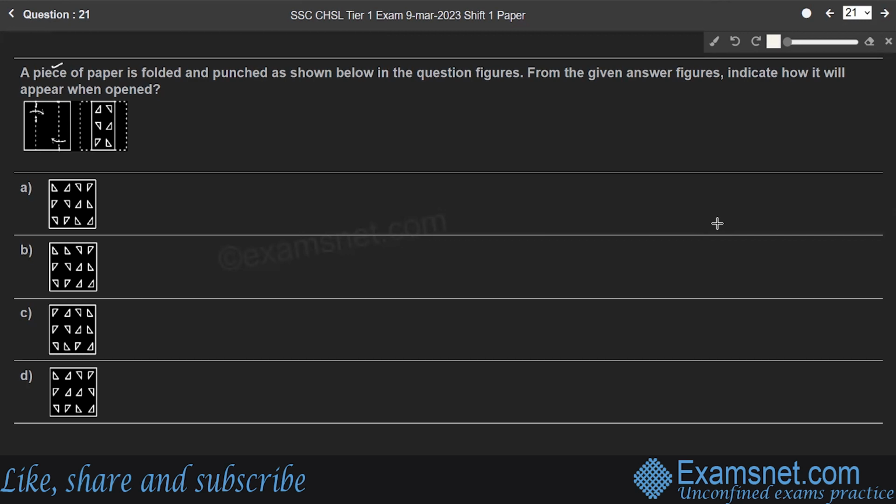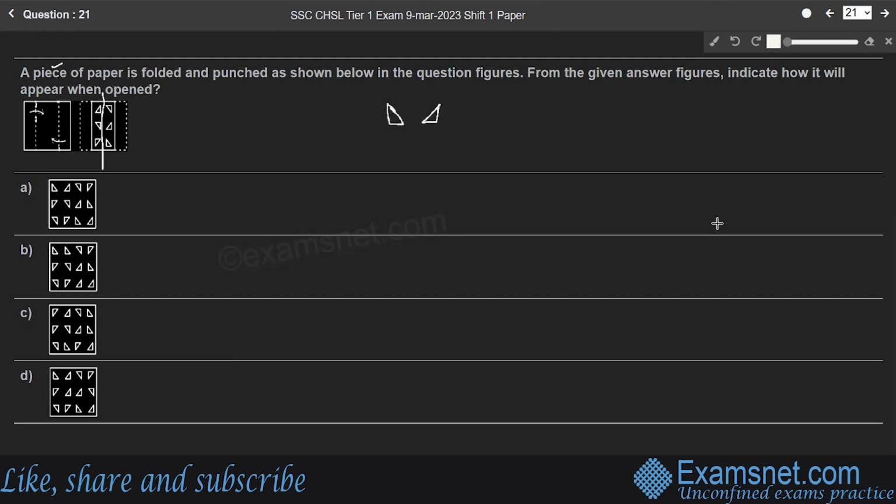So we'll consider only the left side now. The punched portion is just like a right angle triangle like this. When the paper is unfolded, the image will be the mirror image of the cut portion.